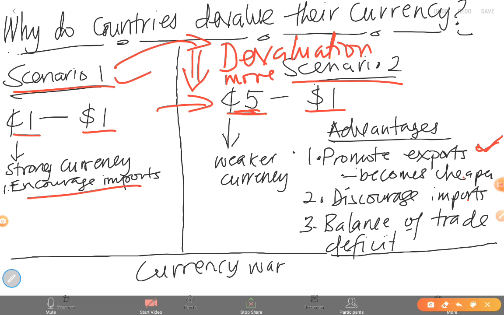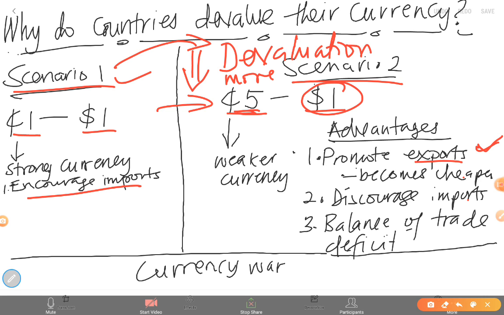The reason being that when you devalue or weaken your currency, it makes your currency cheaper at the international market, and it makes products cheaper at the international market. So countries and other traders can buy more of your export because they are cheaper. Imagine they have $1.